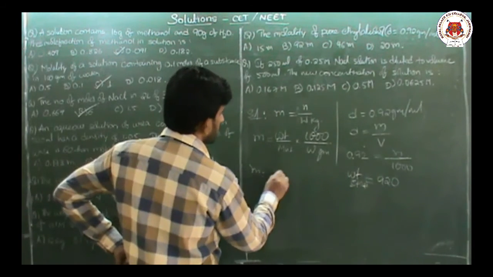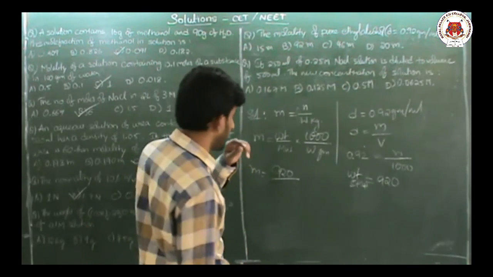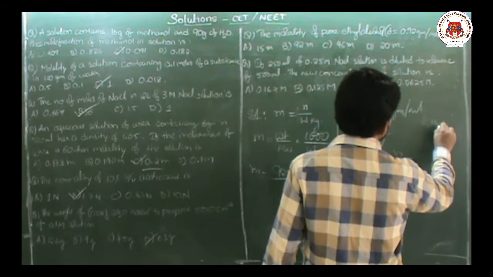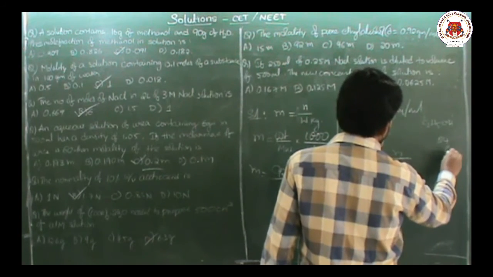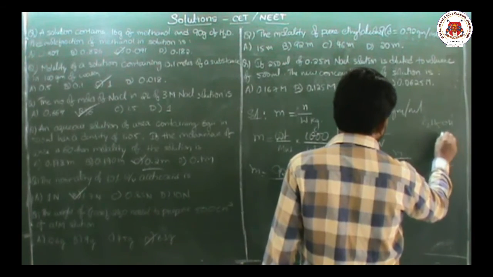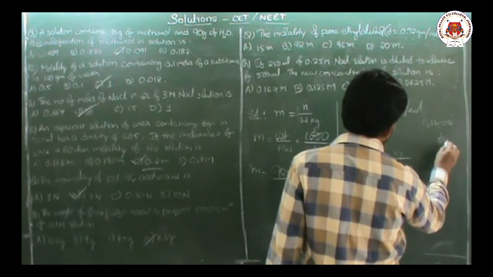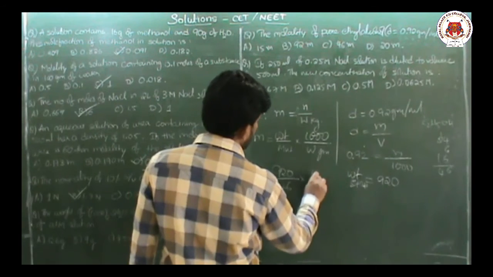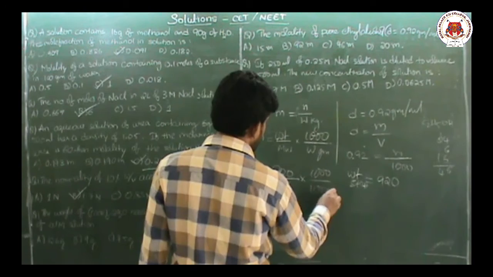So molality is 920 divided by the molecular weight of ethyl alcohol, C2H5OH. 2 carbons is 24, 6 hydrogens is 6, and 1 oxygen is 16, so 46. Into 1000 divided by per kg calculation, so this is also 1000 only.